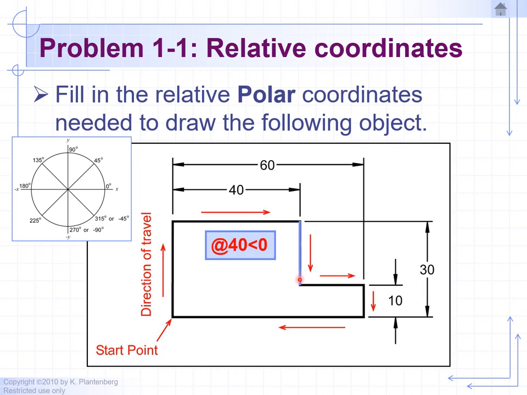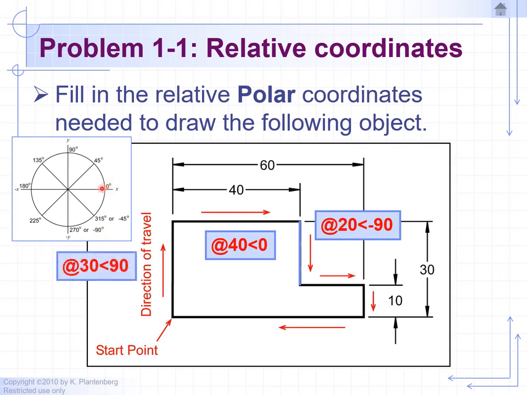To generate the next line, which is a length of 20, it's just 30 minus 10, which is 20. Using relative polar coordinates, we're going to type in @, so that's with respect to the last point. We're going to go a length of 20 at an angle of 270 degrees or minus 90.